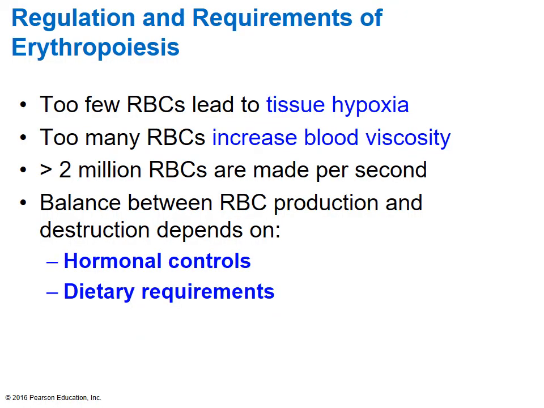It's very important for your body to regulate the quantity of red blood cells. If you don't have enough red blood cells, it reduces the amount of oxygen that you can carry, which can lead to tissue hypoxia, meaning low levels of oxygen saturation within the various tissues.